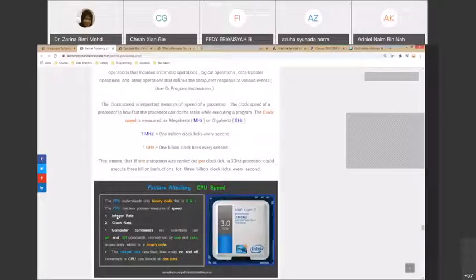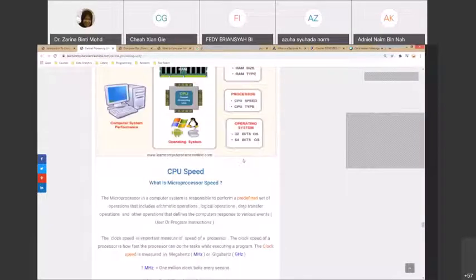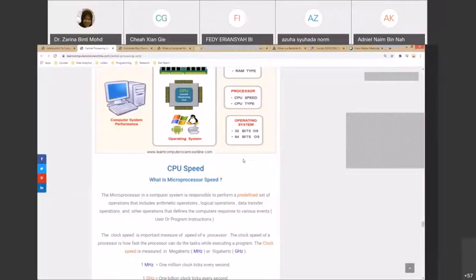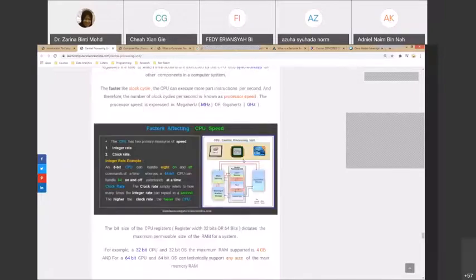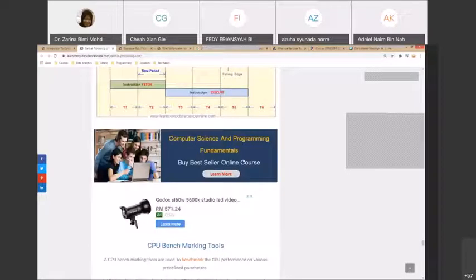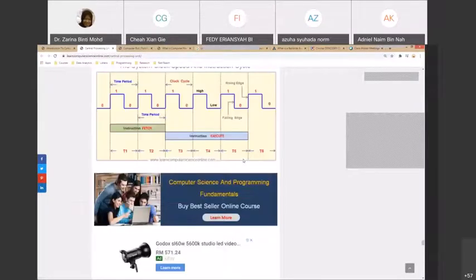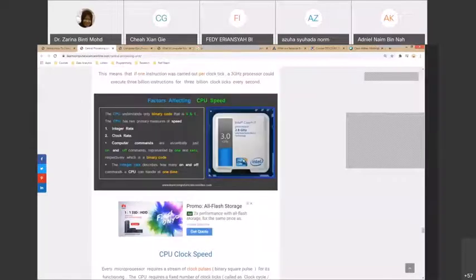And how about integer rate over here? So integer rate ni, it depends on the size of the CPU tu. Okay, for example, if you come across a CPU tu dia 32-bit processor, dia tulis macam tu kan, 32-bit ke ataupun 64-bit processor ke.